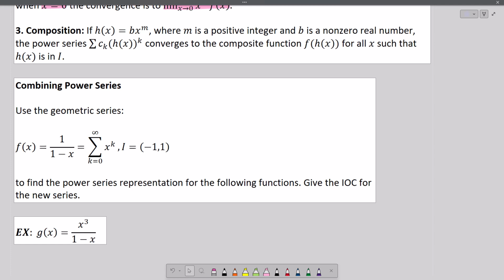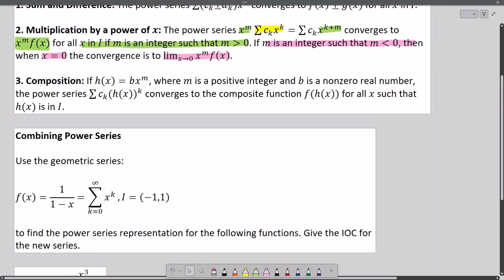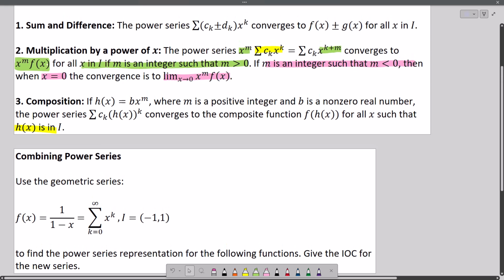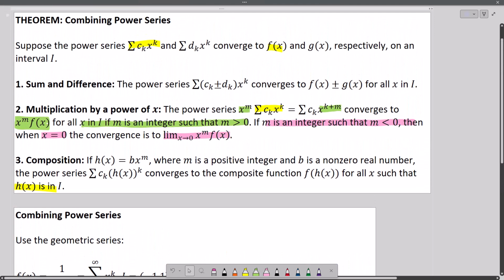OK, so let's look at an example, or let's talk about the last case. So the last case, there is a modification of I. This one is the composition one. And what we're doing is just taking, we've got our power series right there. We're going to replace the x with a composition.